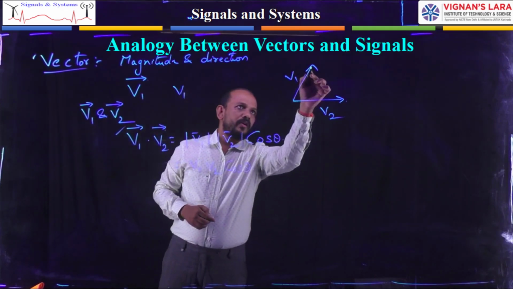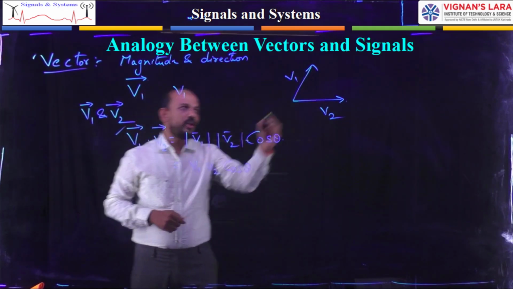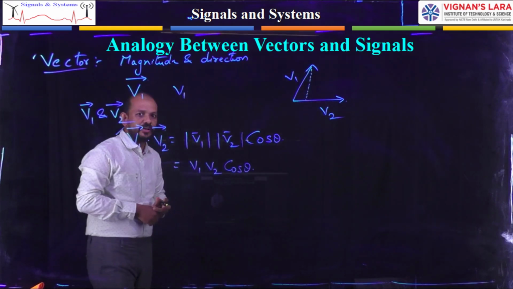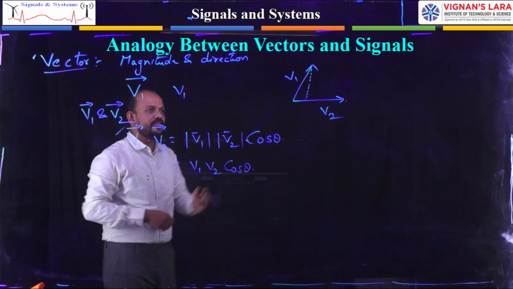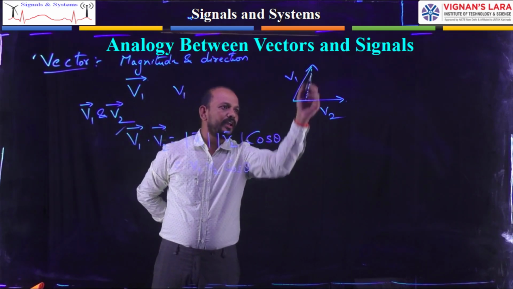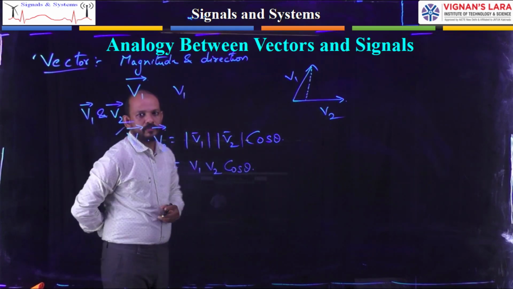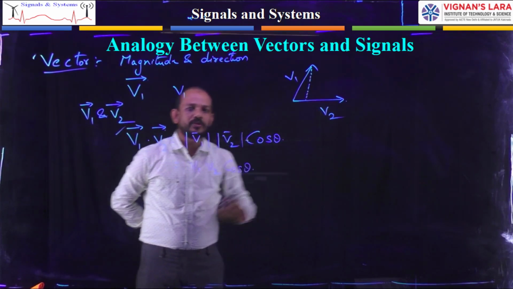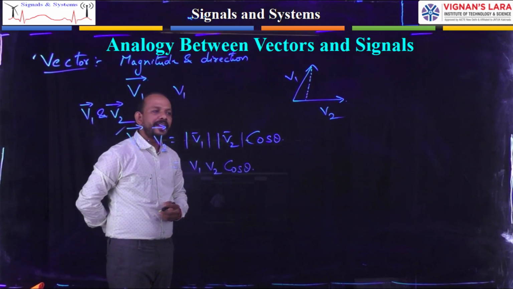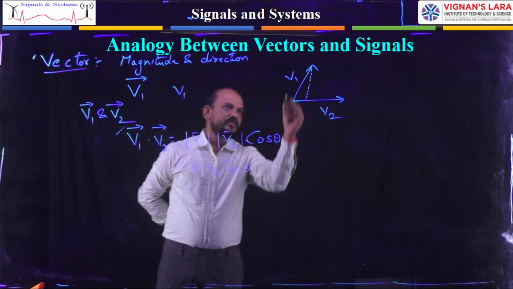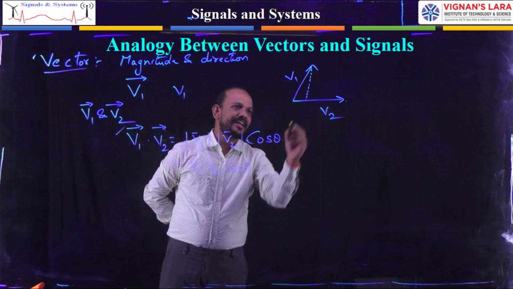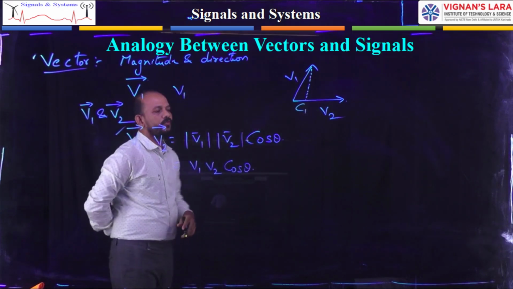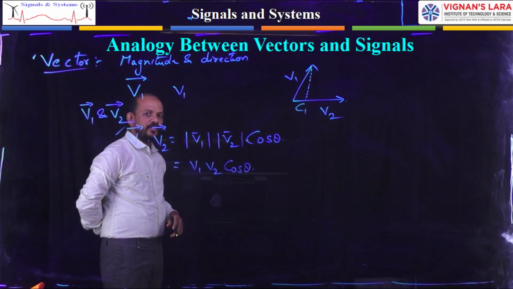From one end of one vector, I will draw a line onto the other vector. That is, from one end of V1, I draw a line onto V2, to give the component of V1 along V2. Let us consider this as C1 V2, the component of V1 along V2.